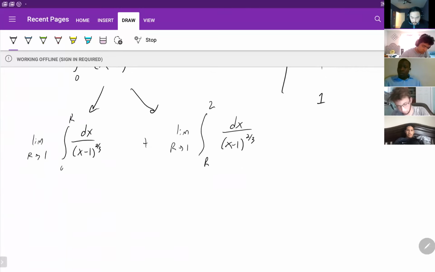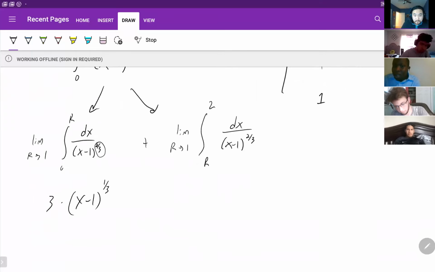So how do I integrate 1 over (x minus 1) to the 2/3? My power is negative 2/3. For time's sake, the antiderivative is (x minus 1) to the power of 1/3 over 1/3, so times 3. 1/3 times 3 cancels out, and I subtract 1 from the power, getting negative 2/3.